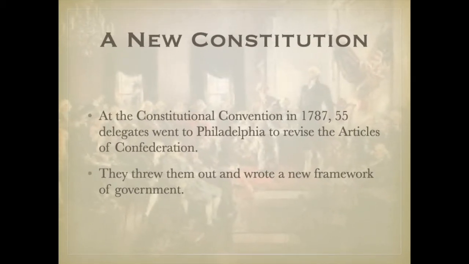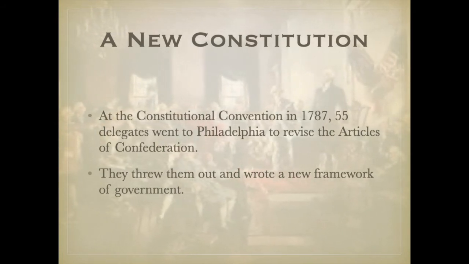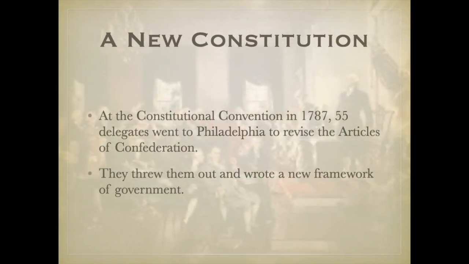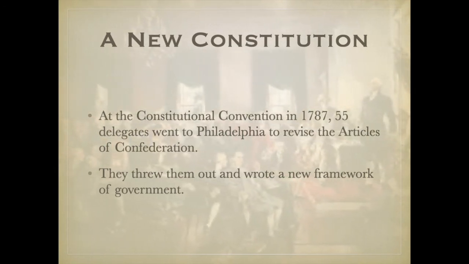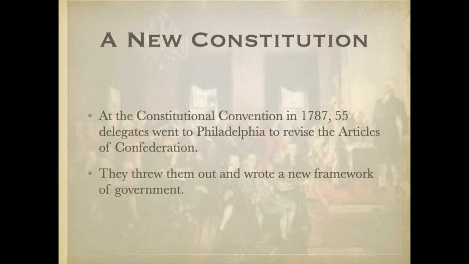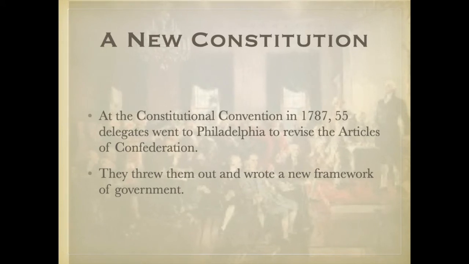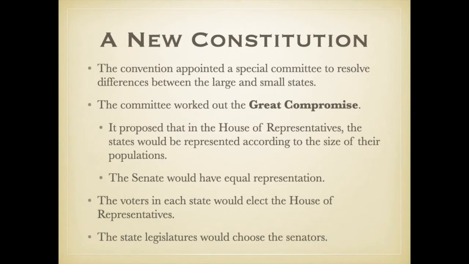A new Constitution. At the Constitutional Convention in 1787, 55 delegates went to Philadelphia to revise the Articles of Confederation. They threw them out and wrote a new framework of government. The convention appointed a special committee to resolve differences between the large and small states.